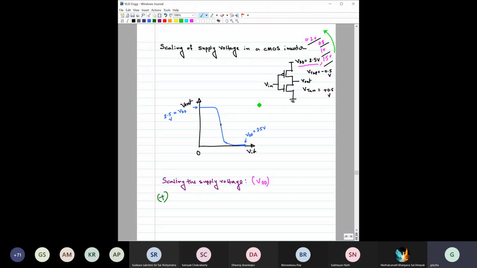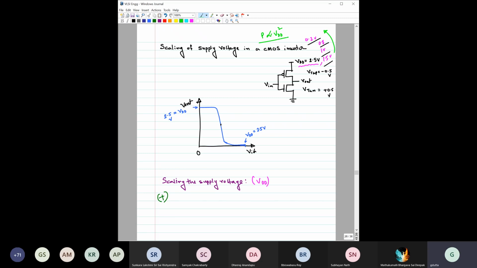Because we will see that the power consumed in this type of circuit is actually proportional to VDD squared. So as you can see, it makes sense that if you can reduce this VDD, then the required power you can reduce significantly.